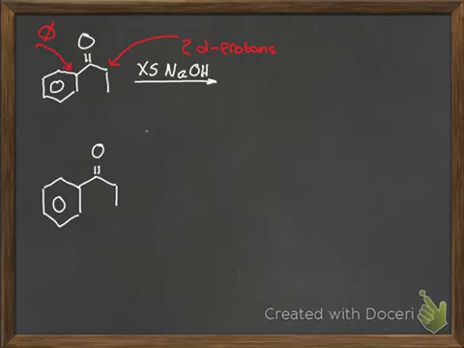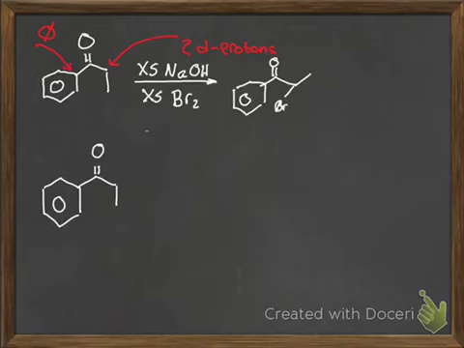No, it's not necessarily the best, but you'll see why here in a minute. Excess sodium hydroxide and excess Br2. The product you get out of this is the geminal dibromide.